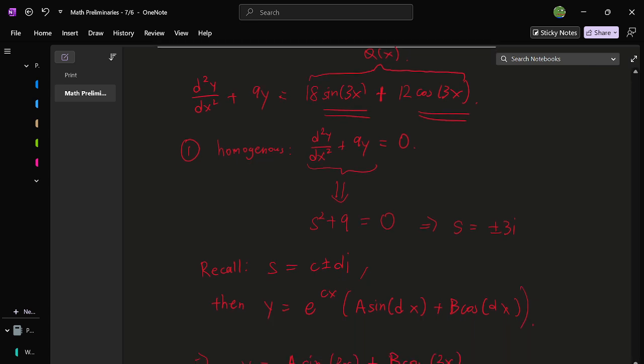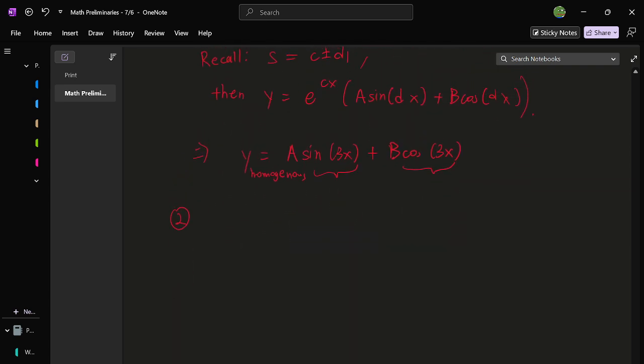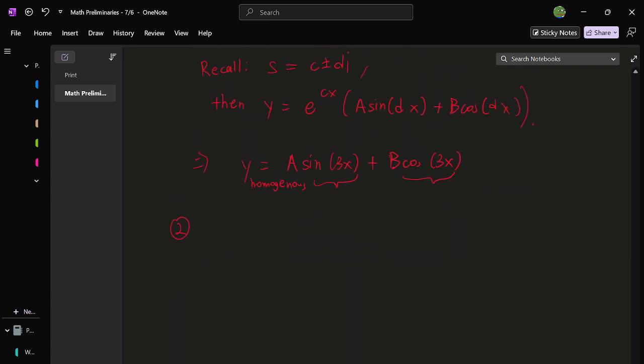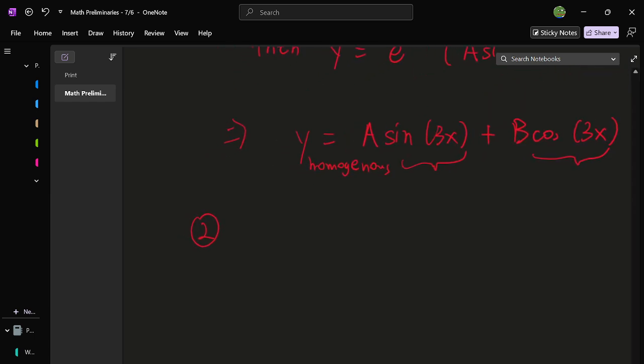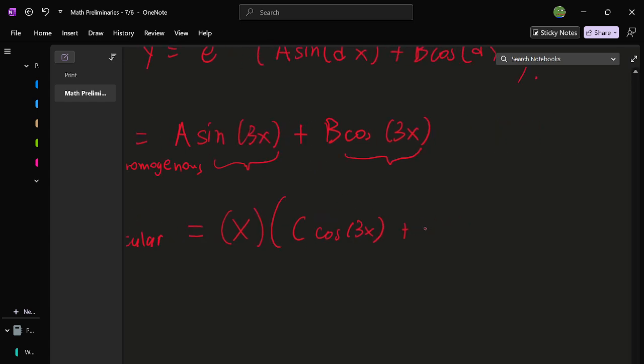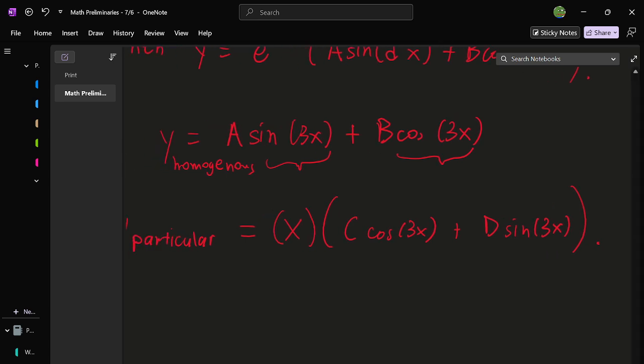So if you are experienced with spotting resonance, you might see that this is actually a case of resonance. And what this means is that you should be guessing a particular solution of this form, where you multiply by an x here.